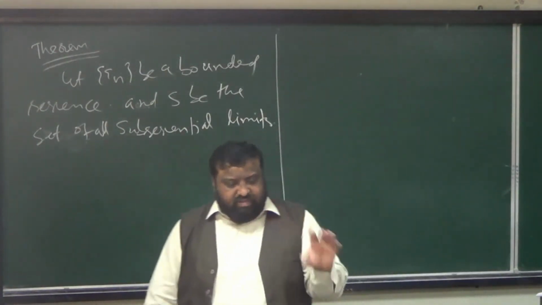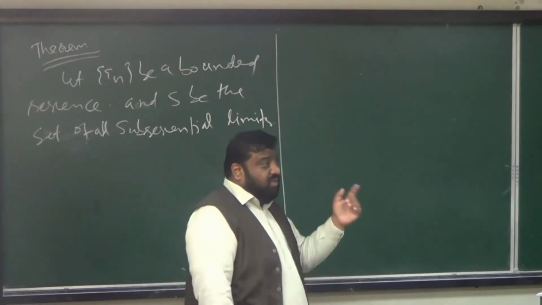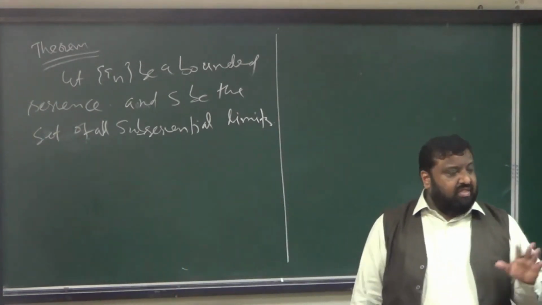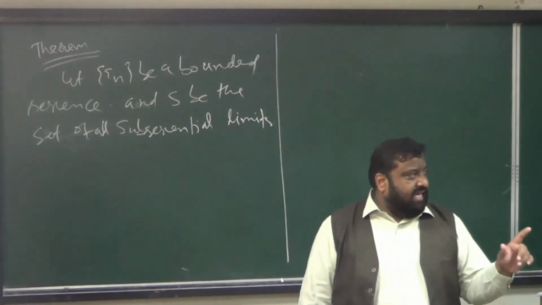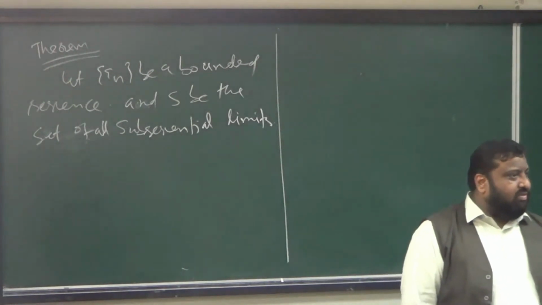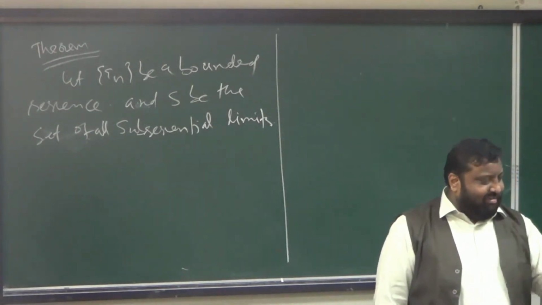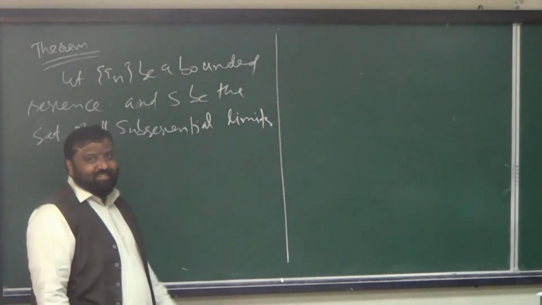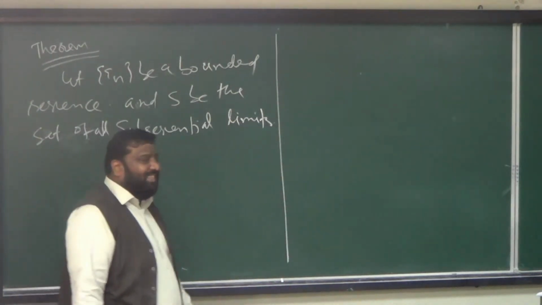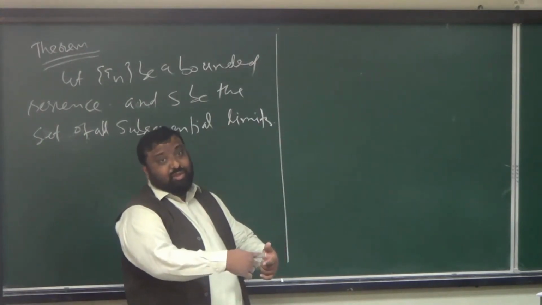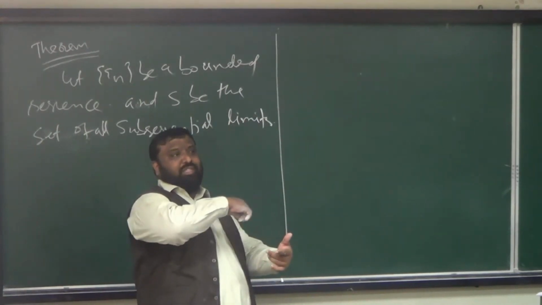But how can we, using the same Bolzano-Weierstrass theorem, determine that there are going to be more actually? Just think about it. You have a sequence which is bounded, so it has a convergent subsequence. That convergent subsequence is itself bounded. So that convergent subsequence has a further subsequence which is going to be convergent. But that subsequence of a subsequence is also going to be a subsequence of the main sequence actually.